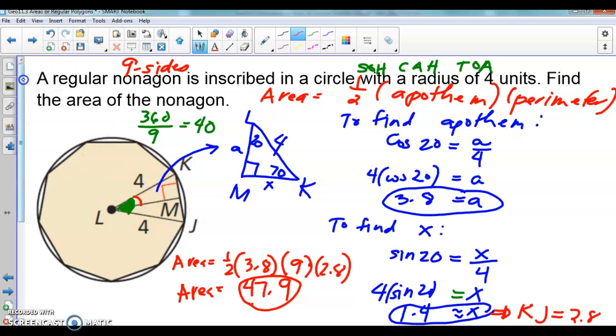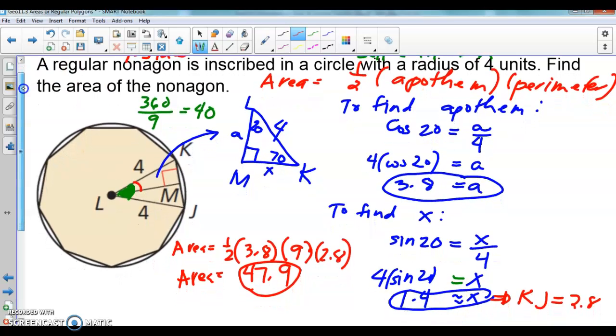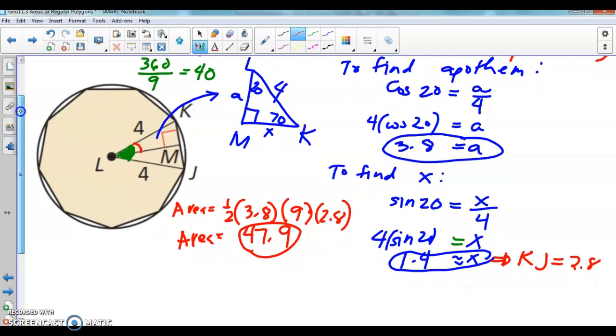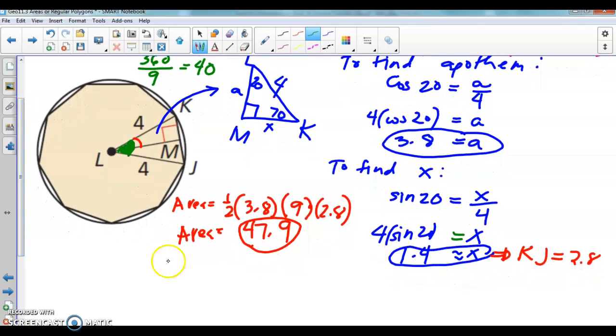Now, if you want to use the exact values, which is the ideal case, you can rewrite the formula as area is equal to 1/2. Your apothem was 4 cosine 20, and then the perimeter is 9 times, now you have to double this value, because this is x.